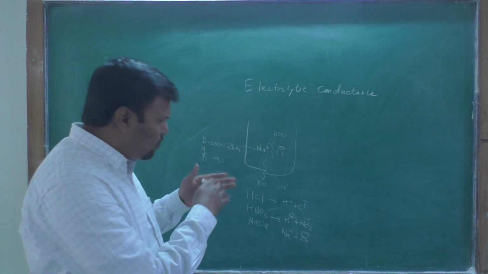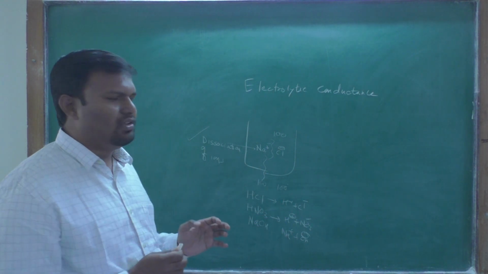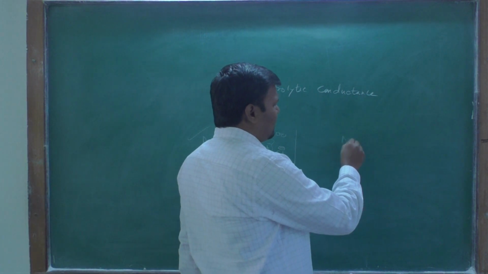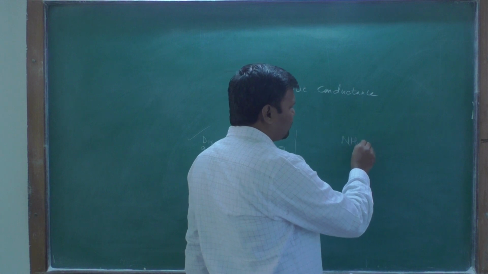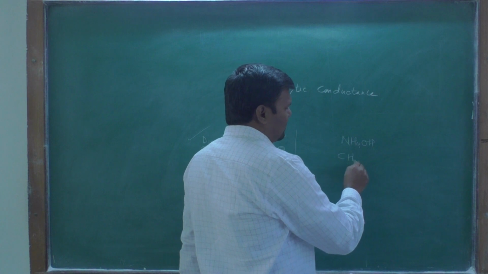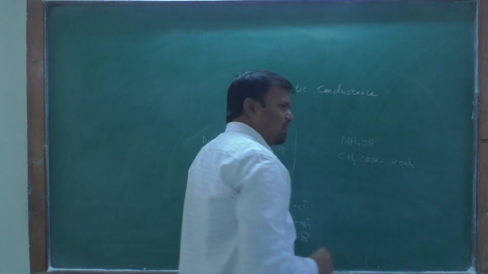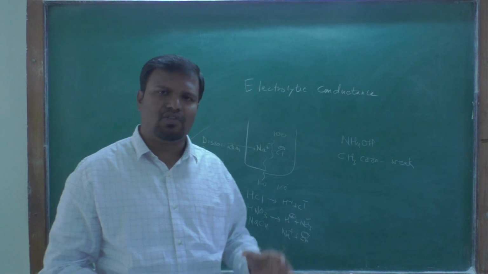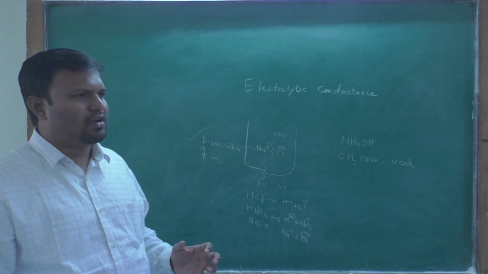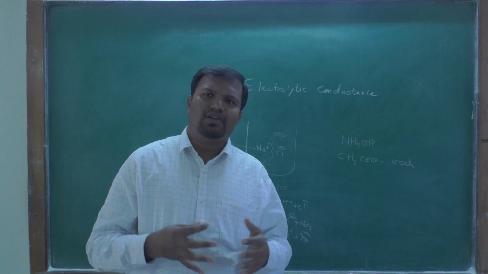There is a total dissociation of ions in the strong electrolyte. While the weak electrolyte is, for example, NH4OH, or acetic acid CH3COOH, which is also a weak electrolyte. We have defined a weak electrolyte as a substance which does not dissociate completely, it dissociates partially. Partial means not 100%.